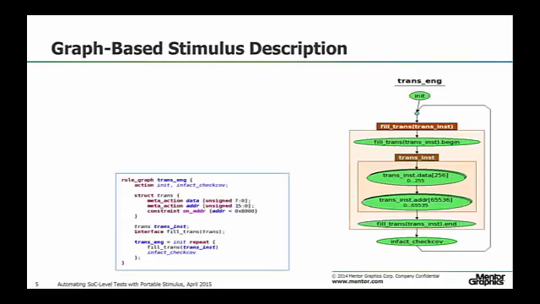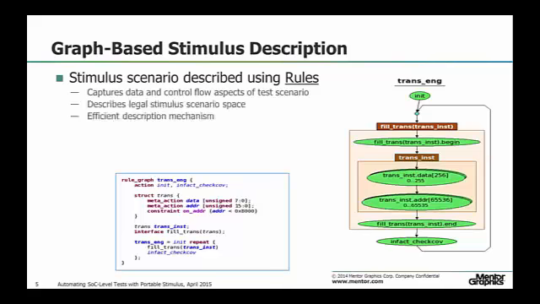So how does it work? Well, you start out by writing a description of your stimulus in a text file, a rule file that completely describes both the data and the control flow aspects. This rule file defines the entire stimulus space, so it's the blue circle that you saw on the earlier slide.